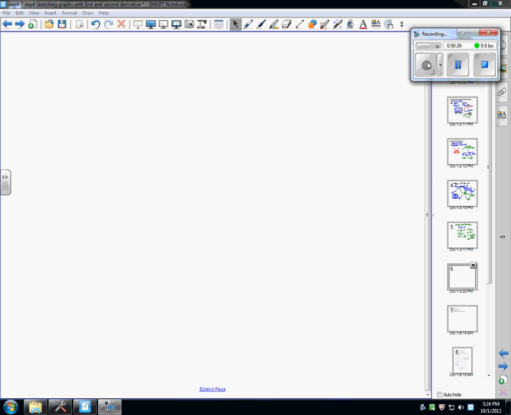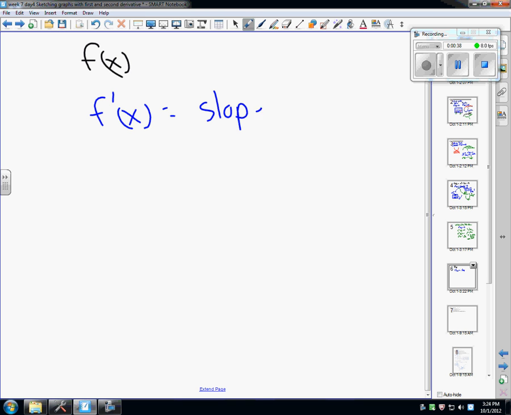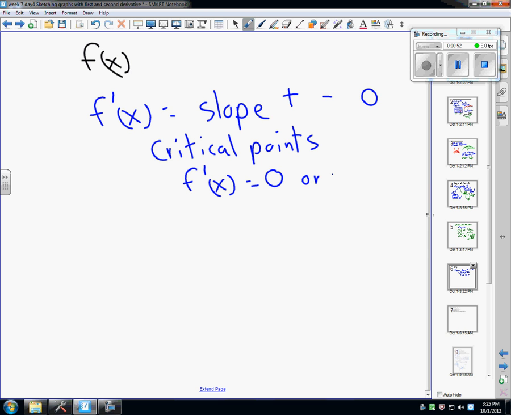So the biggest thing to take from this is f of x is your main guy. This is your derivative, which gives you everything about slope: positive slope, negative slope, zeros. You are super focused on your critical points here, and your critical points are when your first derivative equals 0 or is undefined.